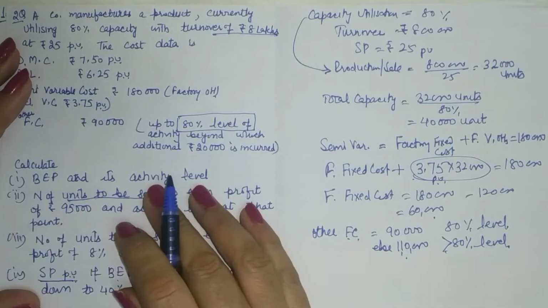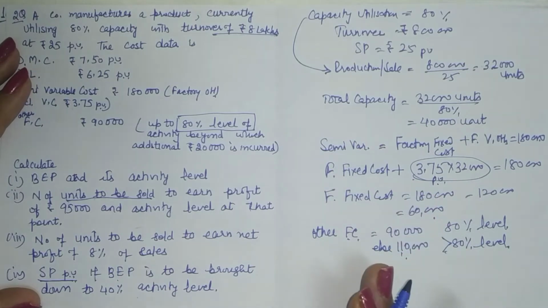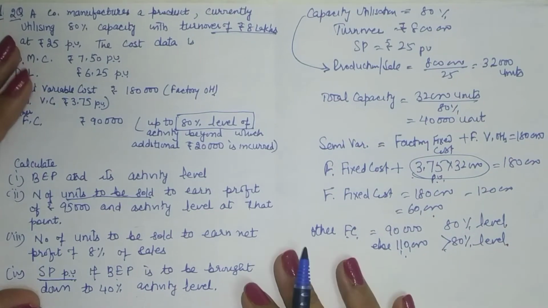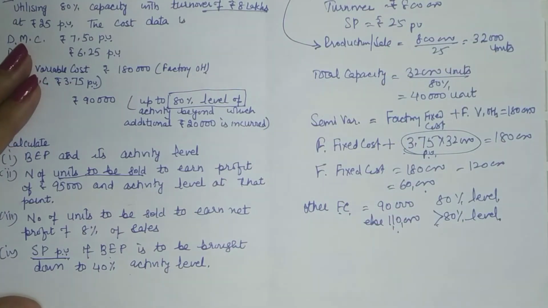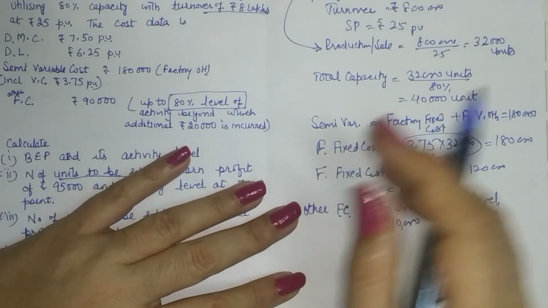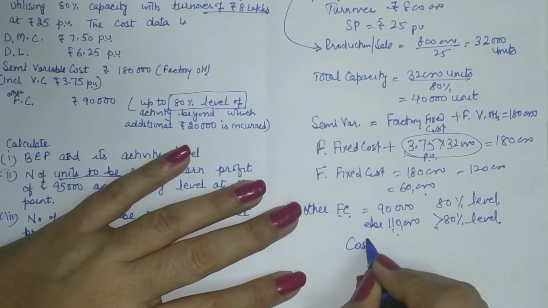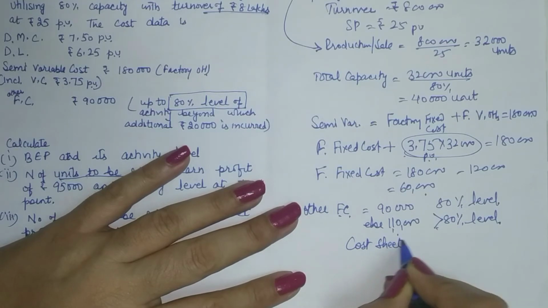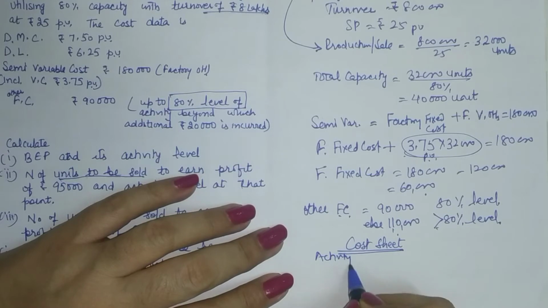Now if we have to calculate break-even point, we need to know fixed cost and contribution or PV ratio, right? Since the information is in unit terms, we can make all the calculations in unit terms. That will be better. Whenever we are to practice any question, we should prepare a cost sheet based on contribution margin. So, present activity level 80%.